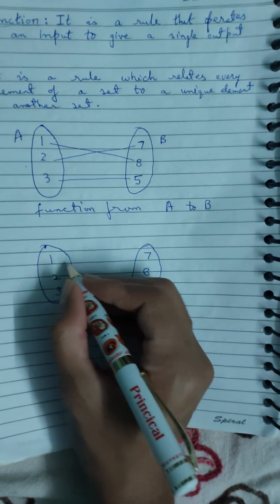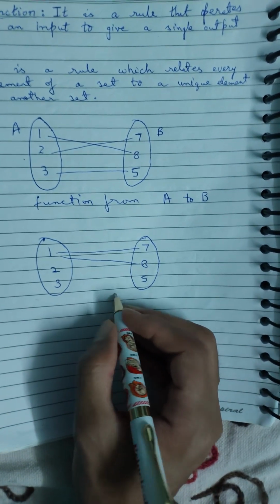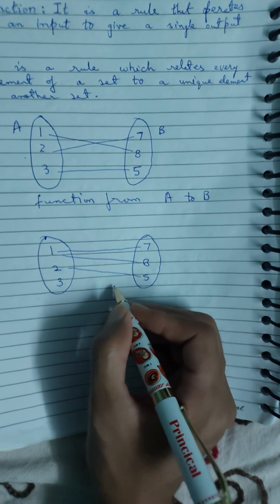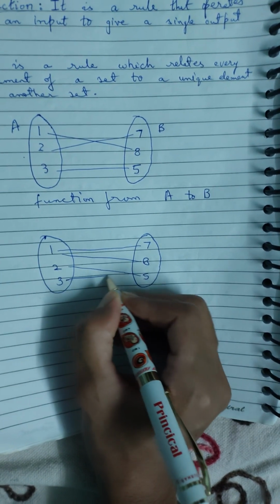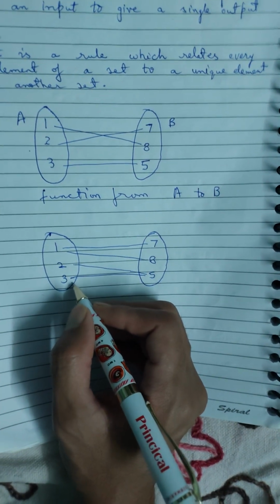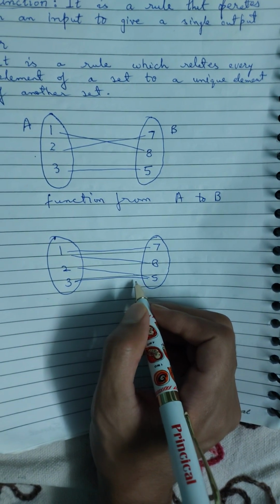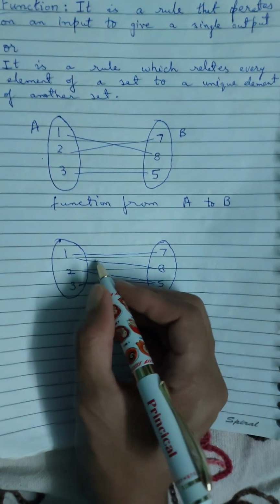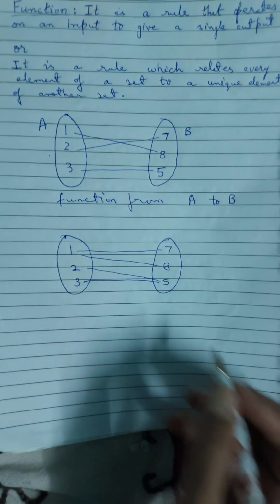One is related to 7 and one is related to 8. 2 is related to 5 and 3 is related to 5. So let's begin from 3. 3 is related to 5. Fine. 2 is related to 5. Fine. But 1 is related to two elements, 7 and 8.